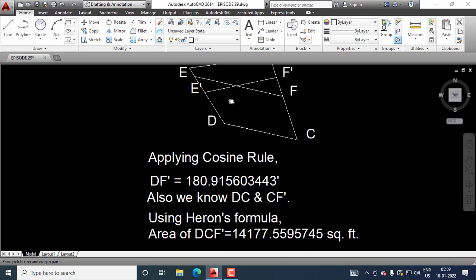But we want the area of this part to be half an acre. So from half an acre, if we deduct the area of this triangle, we get the area of this triangle. So we must fix E dash so that this figure has its area.